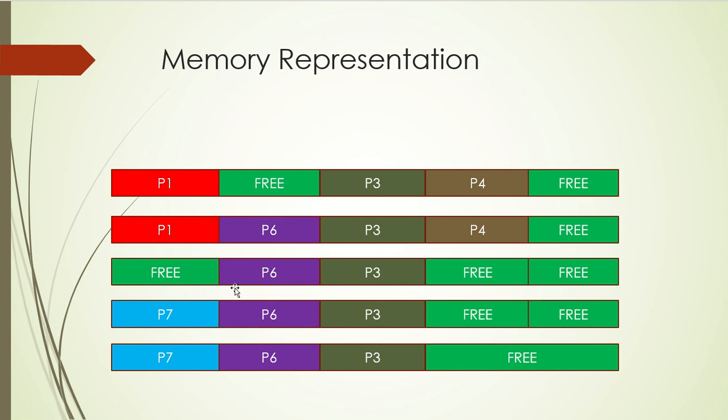In the next step, P1 and P4 have deallocated their memory. Now you can see that P4 and P5 were two blocks of memory allocated to different programs, but now they have been deallocated, which means you got a consecutive amount of memory. So that can be put together as one single node.